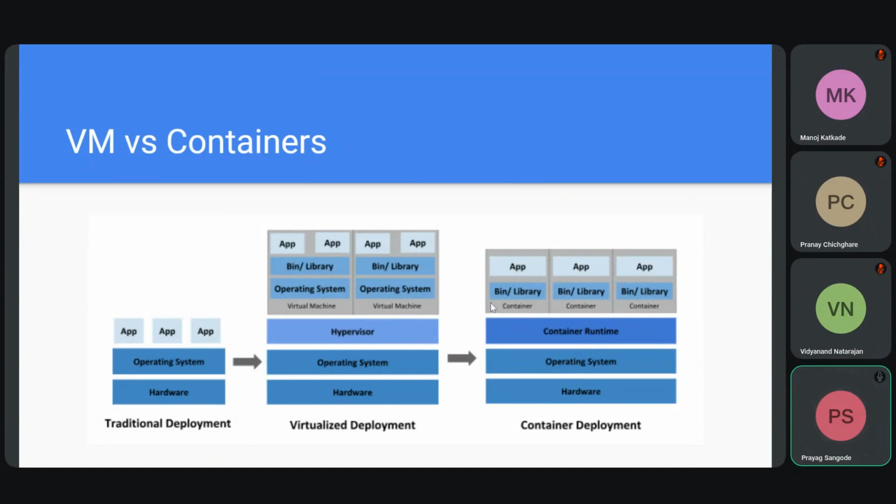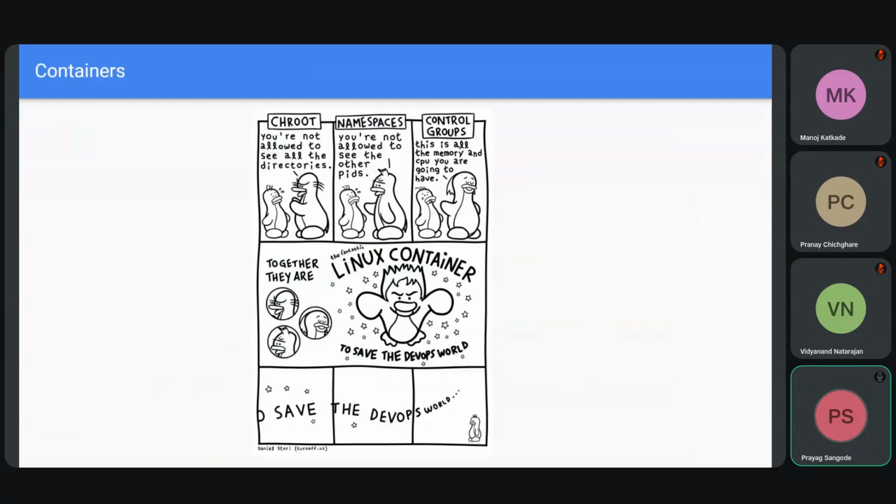He'll give that image and say, use this container. How to use that we'll see later. The container will be picked as it is and deployed somewhere else, and there won't be any dependency issues with libraries and binaries.